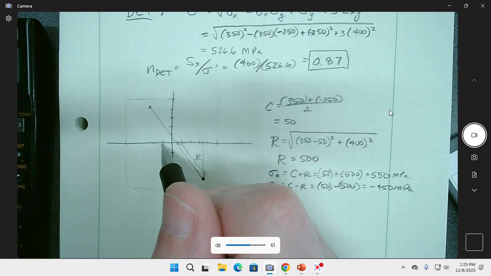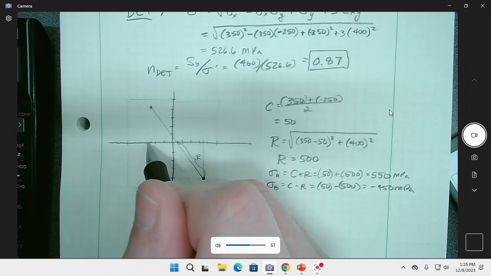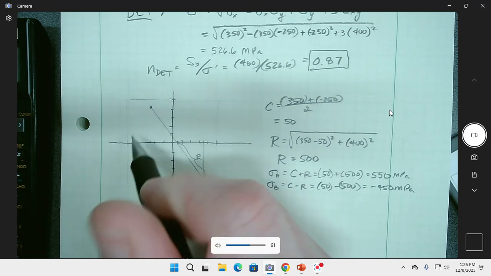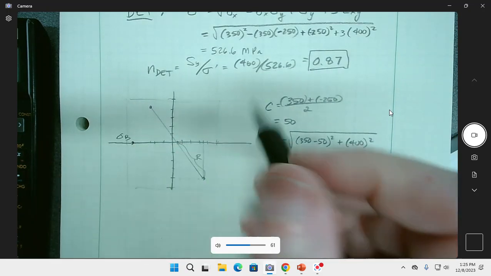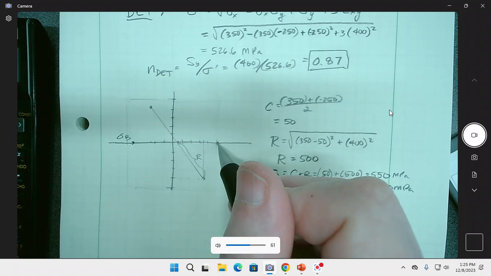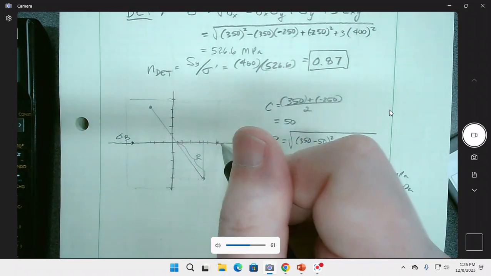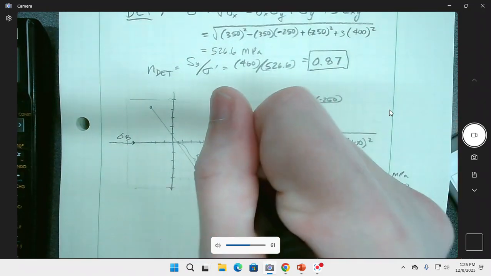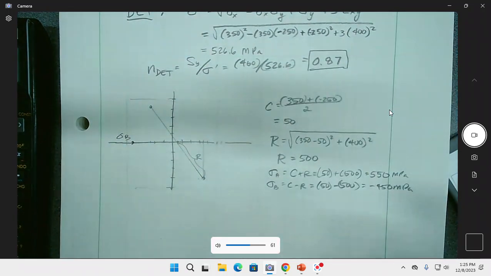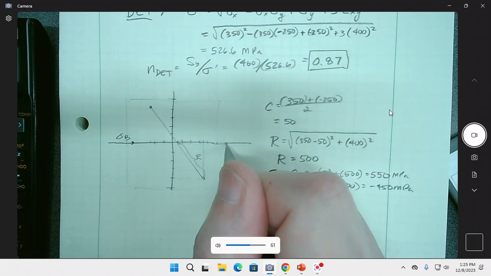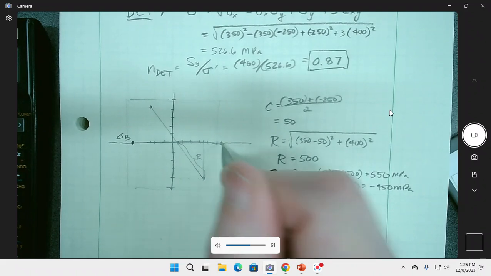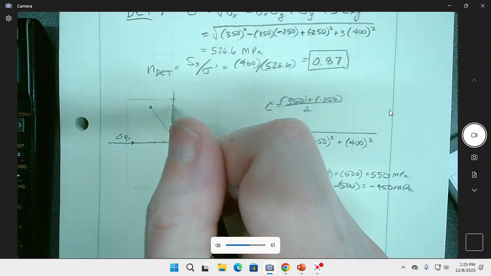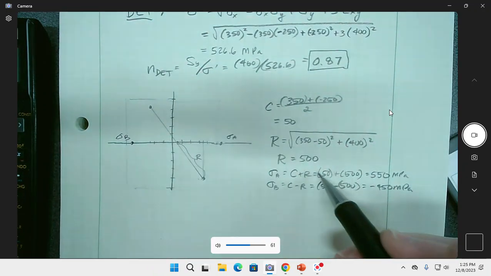So let's see, where's that going to go? 1, 2, 3, 4. So it's like right there. It's going to be sigma B. And then should be right here. Nope, right here. Right here. Sigma A. And then if I did this right, 500, right?